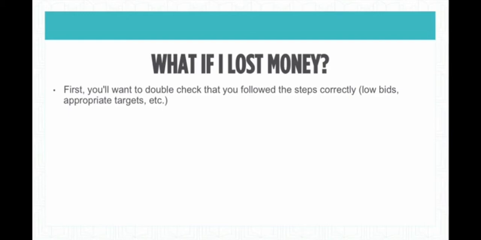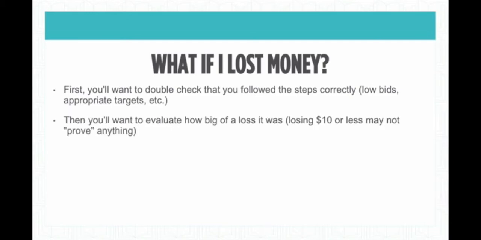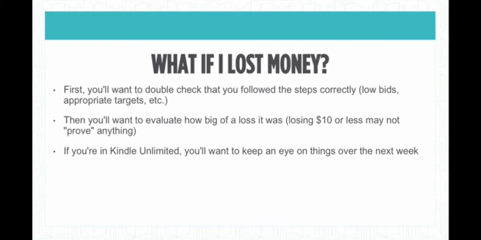So you'll need to make sure your bids were actually low. You'll need to make sure you targeted the right genres, you targeted the right keywords. Then you want to evaluate how big of a loss it was. Losing a little bit of money might not prove anything because it's a very small window that you're looking at. Now, if you're in Kindle Unlimited, I talked to you about the sales rank potentially indicating future earnings.